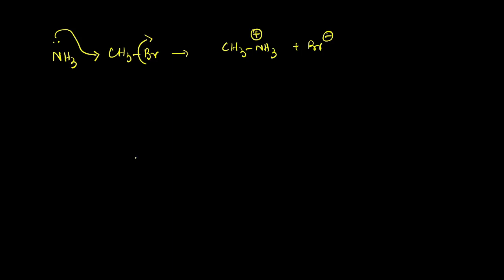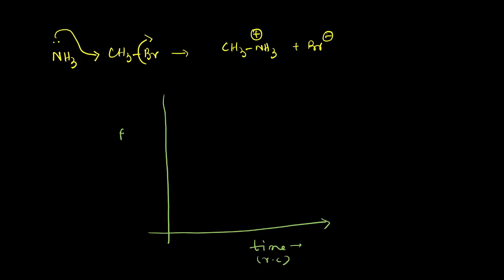Now if we plot potential energy versus reaction coordinate, then this is the position of the reagent, where obviously RX and nucleophile both are present and both are neutral, and this is the position of the R-Nu plus.